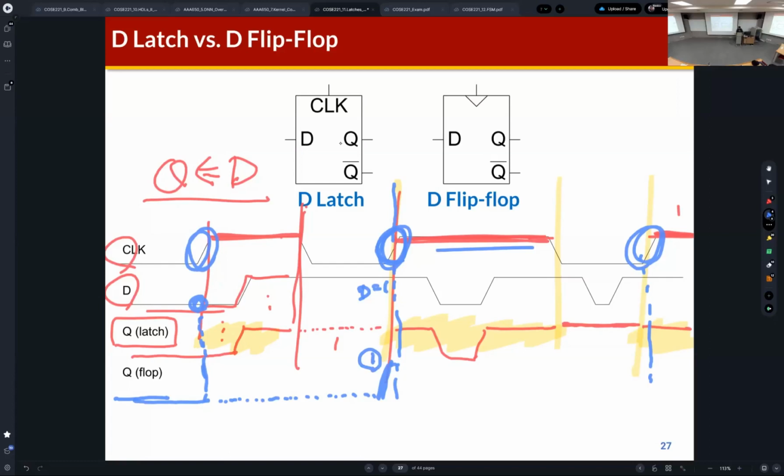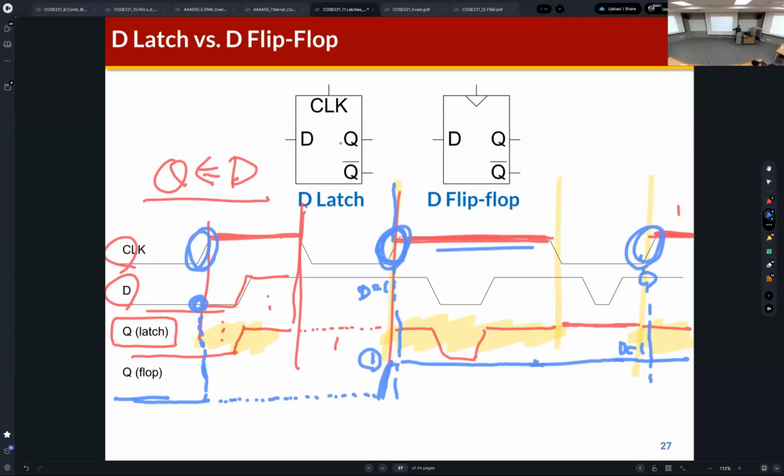And also otherwise it's maintained. Okay, so this is the behavior. And then it's maintained until the next rising edge of the clock. So this is the behavior of the flip-flop.